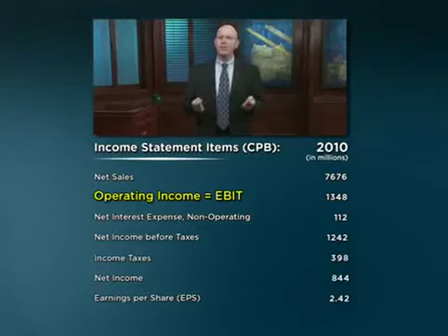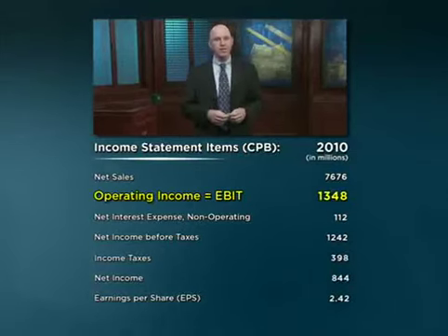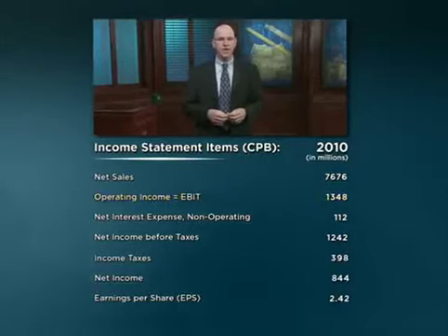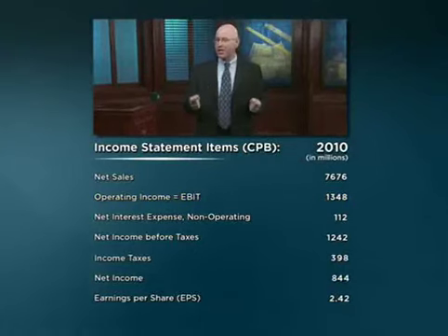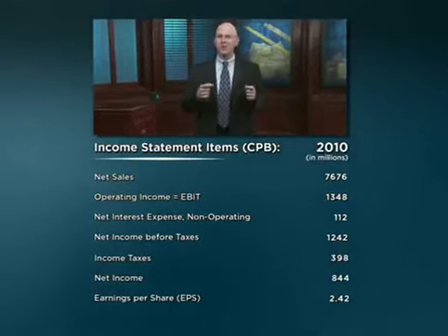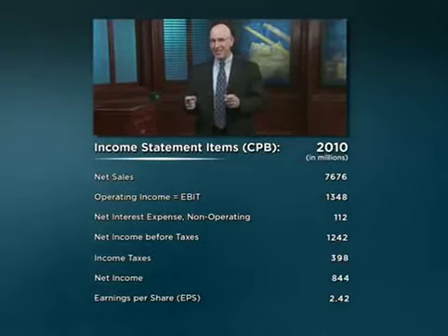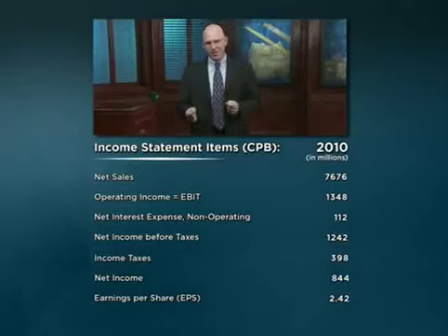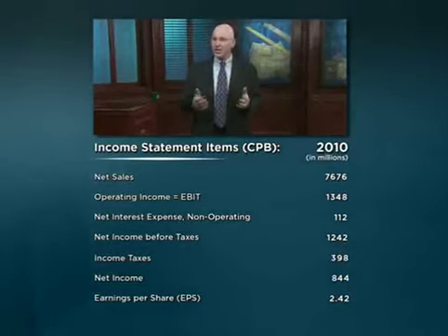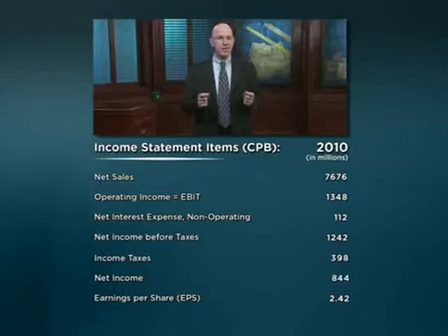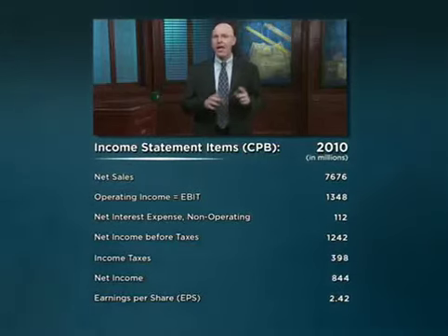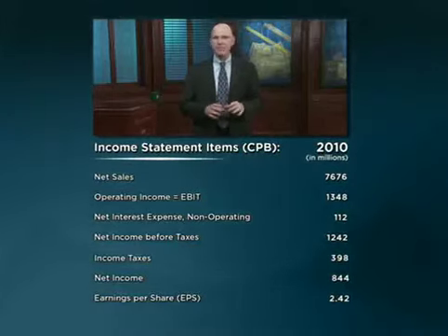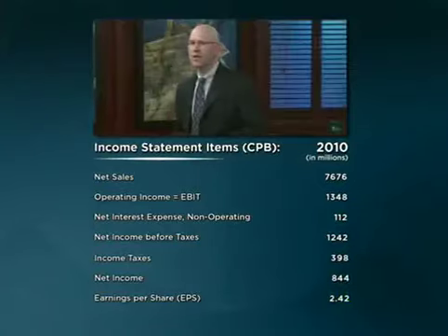For Campbell's, this turned out to be about $1.3 billion. You may have also heard of EBIT's cousin, EBITDA, which stands for Earnings Before Interest, Taxes, Depreciation, and Amortization. You'll notice that you don't see depreciation and amortization listed on the income statement, and you'll have to find that somewhere else. I'll tell you where in a little bit.